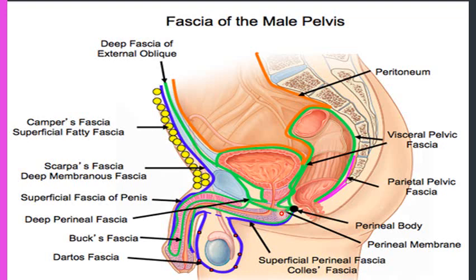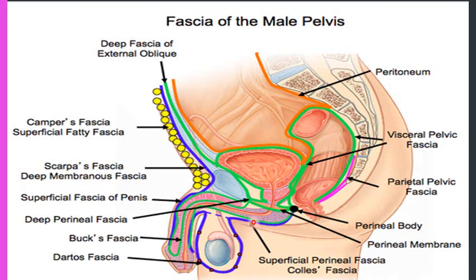So in this region, you can see here, this is the perineal membrane that lies over the urogenital region in the perineum, and it is going to fuse and attach posteriorly with the perineal body and with the Colles fascia. So its posterior wall is going to be closed.